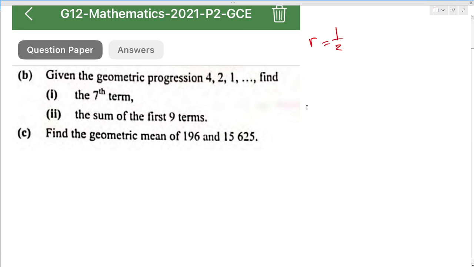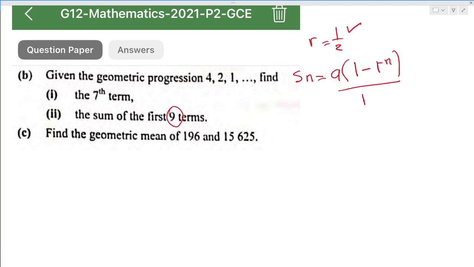Okay, good to go. All right, so we're now finding the sum of the first 9 terms. So now our common ratio is less than 1. What formula are we going to use? We're going to say Sn is equal to A open bracket 1 minus r to the power n, everything over 1 minus r.